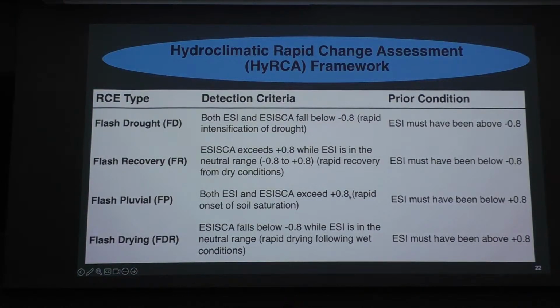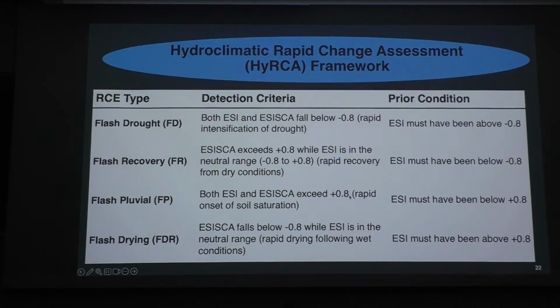Okay, there are categories we use. The threshold we use is 0.8, like standardized 0.8, which is 20%. And we checked before the event happens what we want our ESI or our ESI standardized change anomaly to be. We cannot say that we have a dry state when we have not come from anywhere.